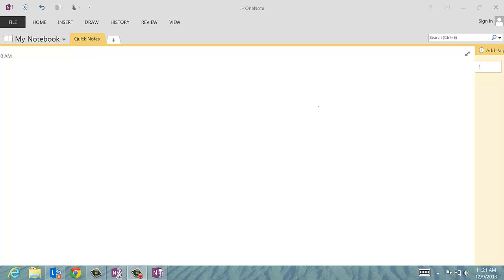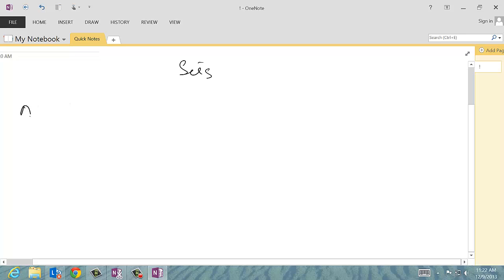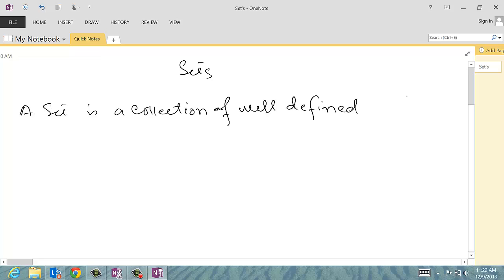Topic for today is sets. So let's take a look at the definition of set. A set is a collection of well-defined distinct objects.